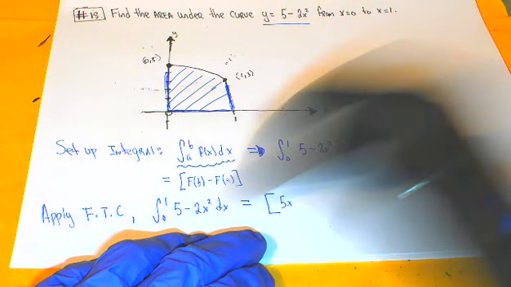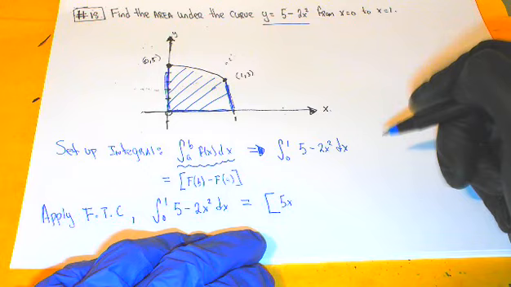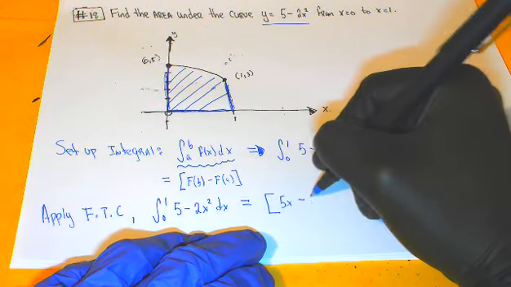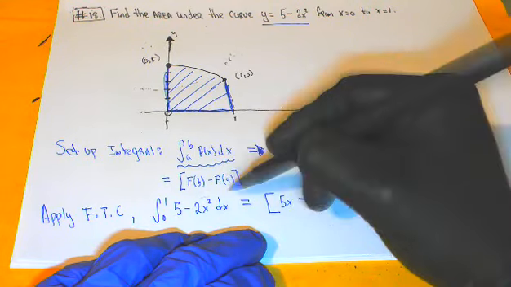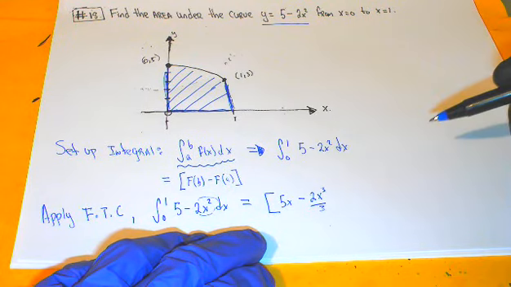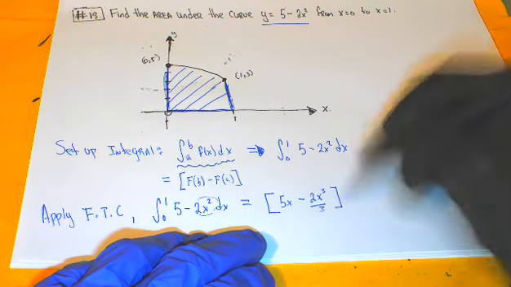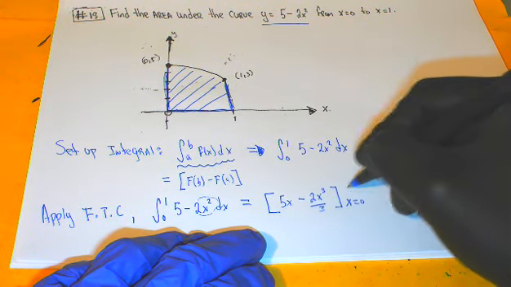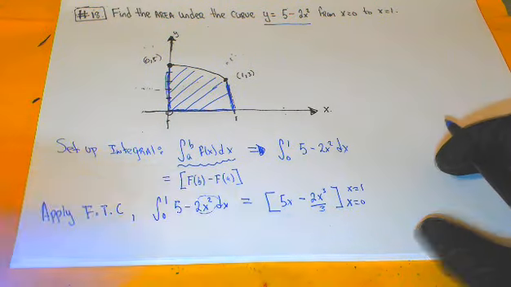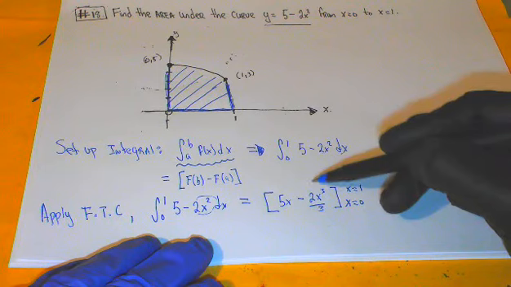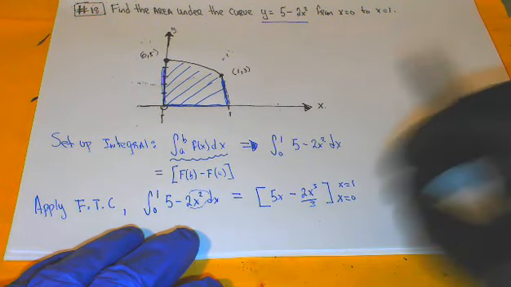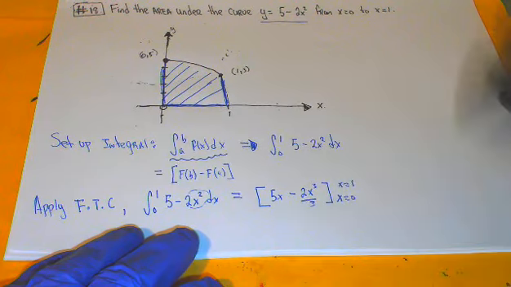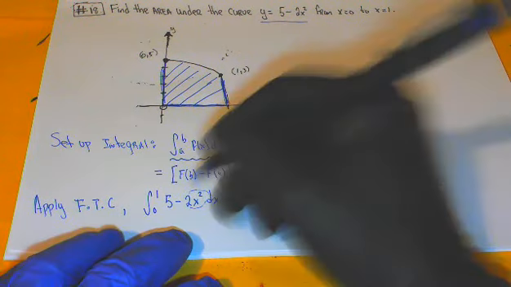The antiderivative of 2x squared is 2x to the third power over 3, so minus 2x cubed over 3. I applied my power rule for integration. This is from x equals 0 to x equals 1. Now I plug in the upper limit of integration first, then my lower limit, and take the difference, and that will give me my area.